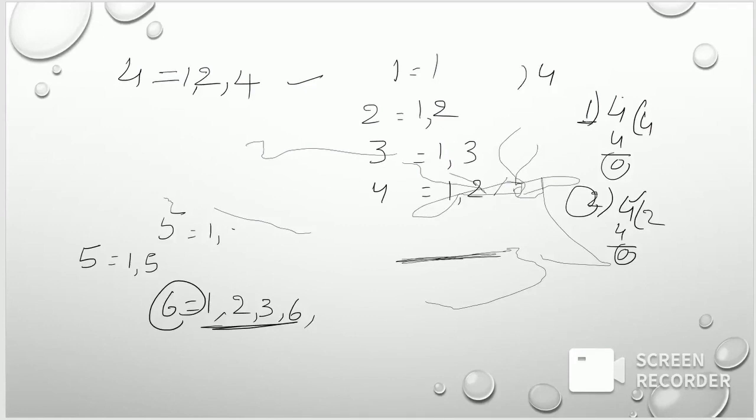And 4 divided by 3: 3 ones are 3, the remainder is 1, not equal to 0. That means 4 is not divisible by 3. If a number is exactly divisible by some other numbers, those numbers are called factors.